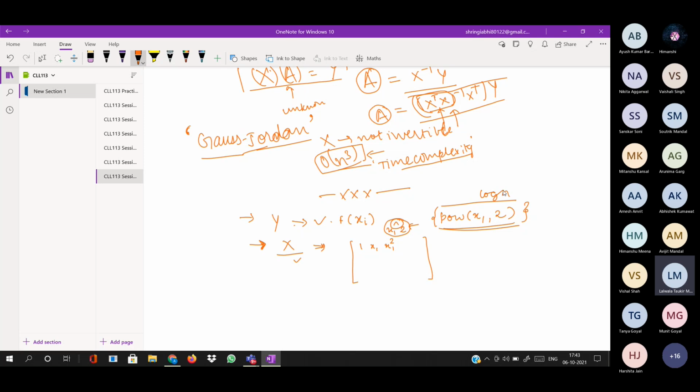Okay, log n, we assume log n. n is the power, yes. So when you are calculating this, log 1 plus log 2 and up till log n, this complexity you are saying times n.